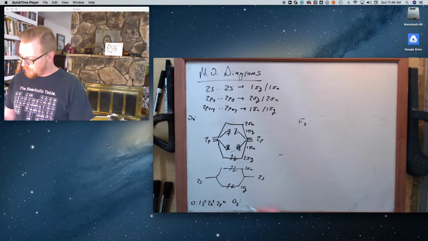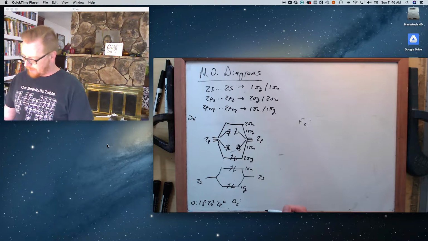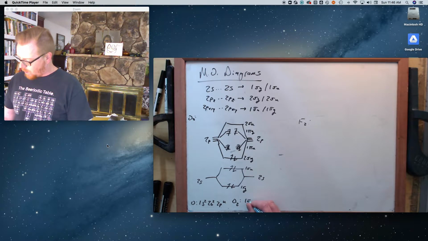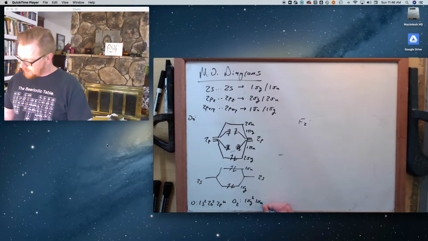My O2 molecular electron configuration would then be, and I'll just write down for this valence level here, 1 sigma G2, 1 sigma U2, right?